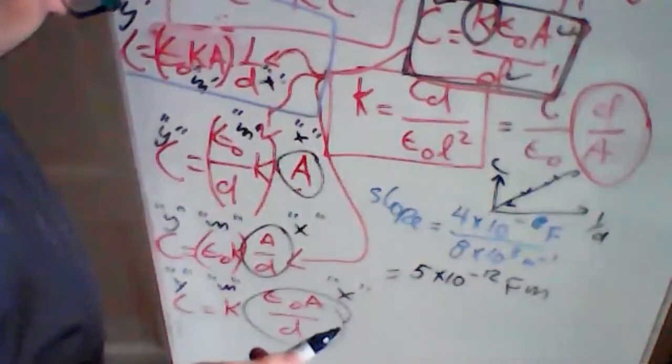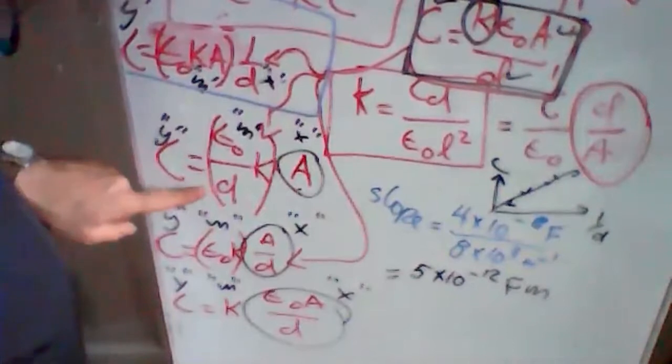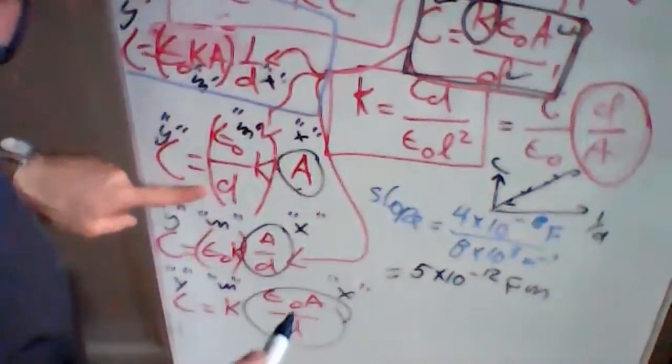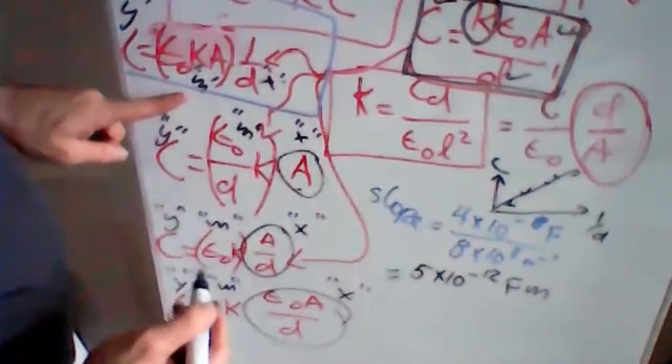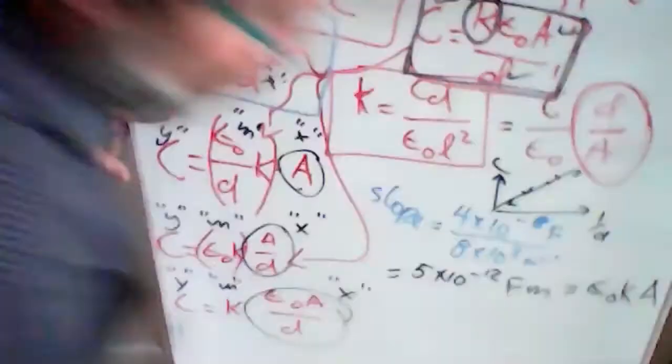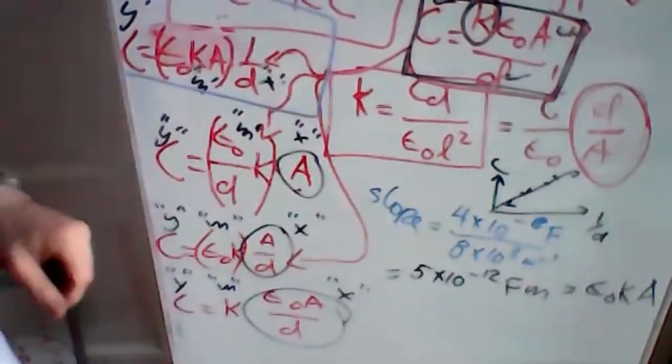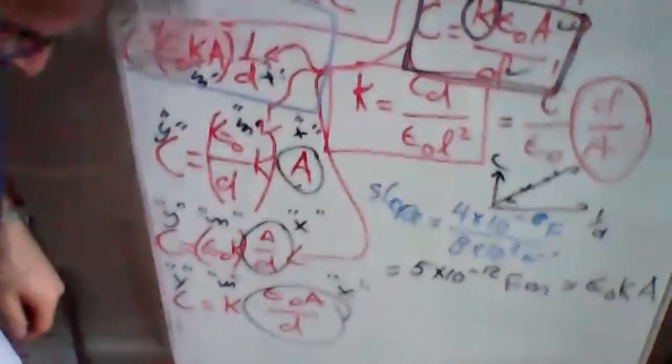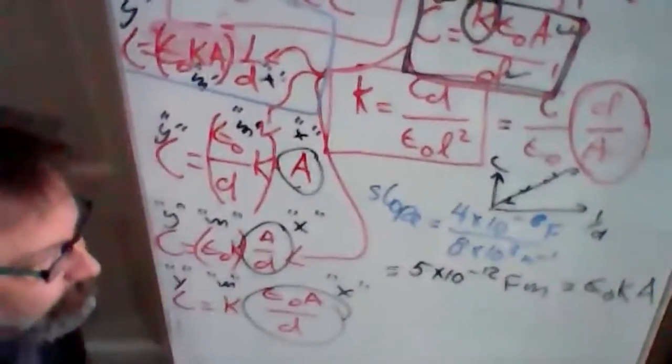And that would be the answer for this thing, epsilon naught kappa a. So this is epsilon naught kappa times a. All right. And of course, that means kappa is equal to this number, 5 times 10 to the minus 12 farad meters.